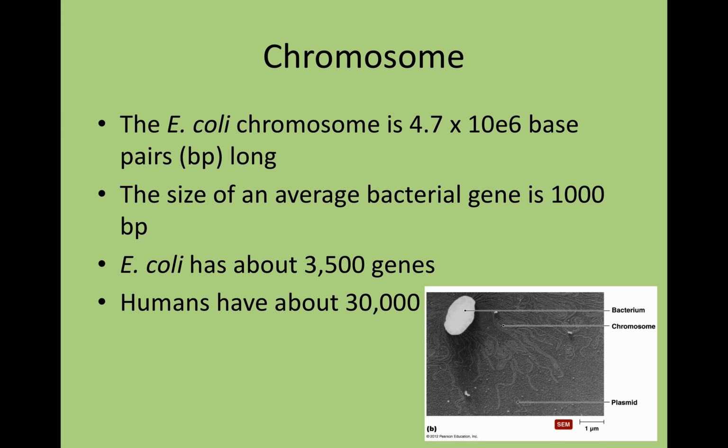A base pair is an A and a T, an adenine and a thymine, is one base pair. So 4.7 million of those base pairs, A's and T's, C's and G's, in some sequence making up the E. coli chromosome. The size of an average bacterial gene is about 1,000 base pairs, and E. coli has about 3,500 genes. Just as a comparison, humans have about 30,000 genes.